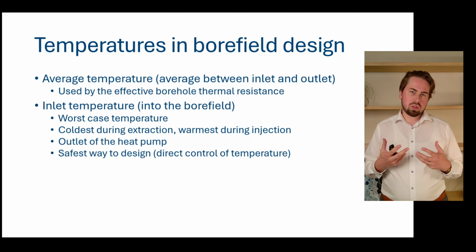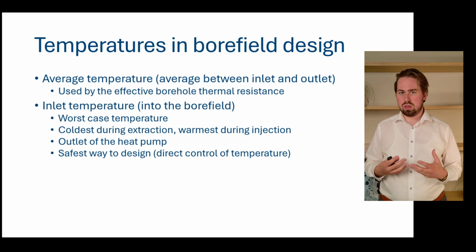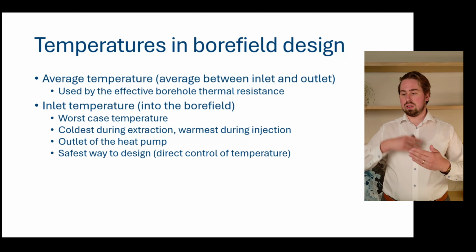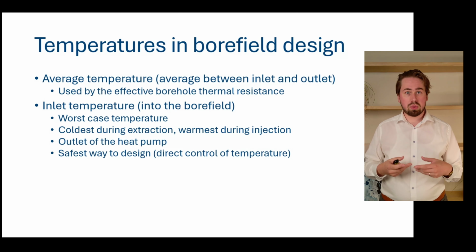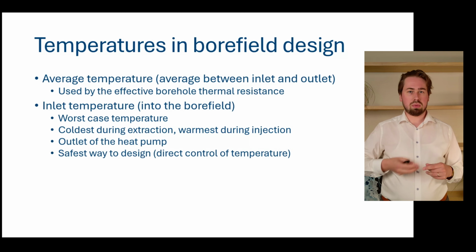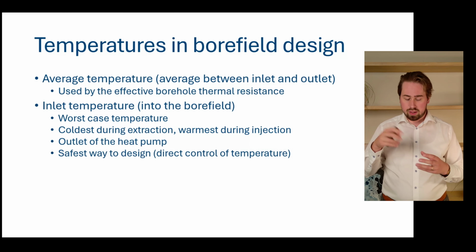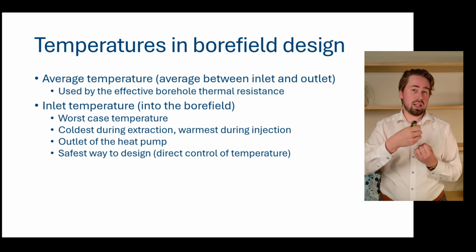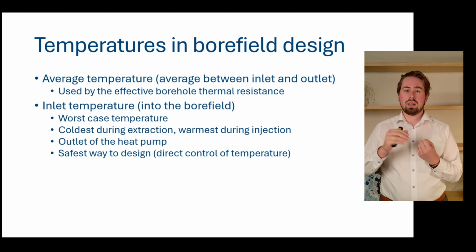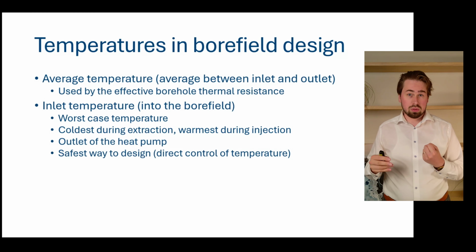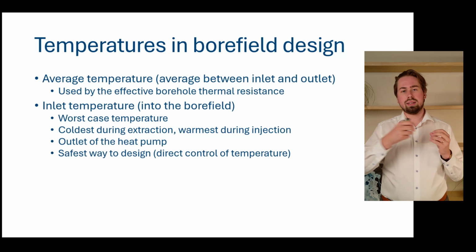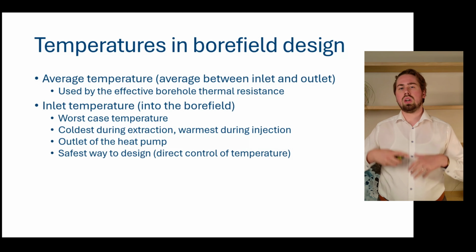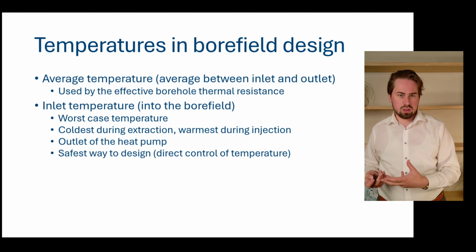And it's what you could call the worst case situation, because let's say you're extracting heat from your borefield, so the fluid comes out of your borefield, goes into the heat pump, and the heat pump takes away part of the energy, so the fluid cools down, and it gets injected into the ground when it's actually the coolest. So right after the heat pump, it goes into the ground when the fluid is at its coldest.